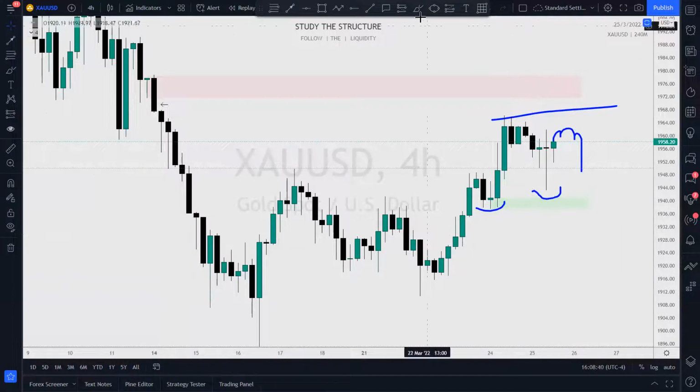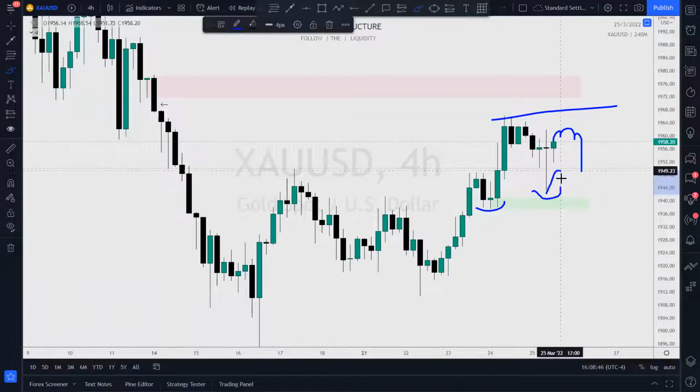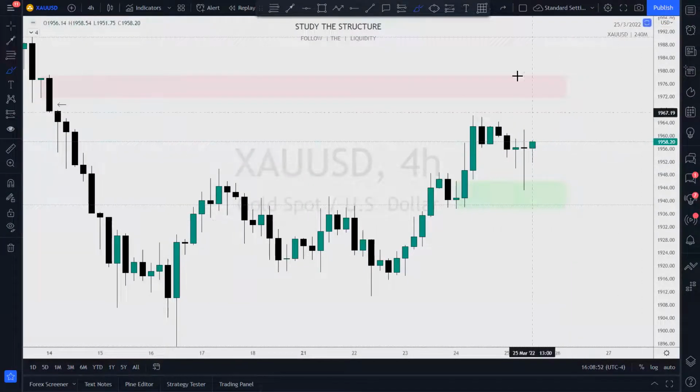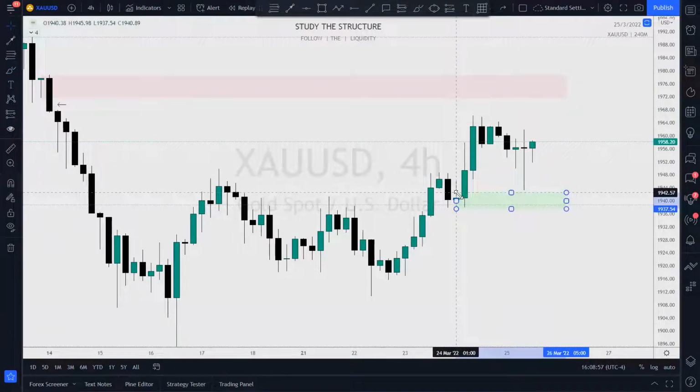But if price does penetrate it, I'm looking at the reaction, of course, the reaction to this zone here.